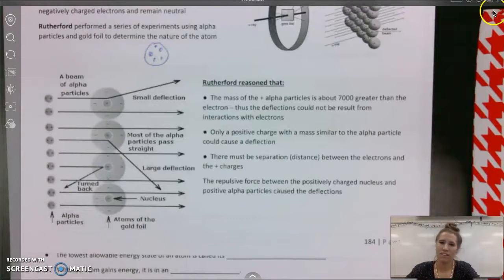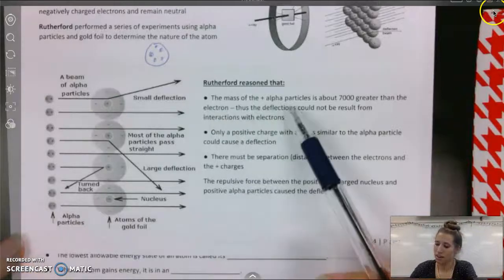So if we have this dense little alpha particle and it's being reflected, it's bouncing back, then it had to hit something with the same relative density in order to bounce back off instead of going through it. Okay?